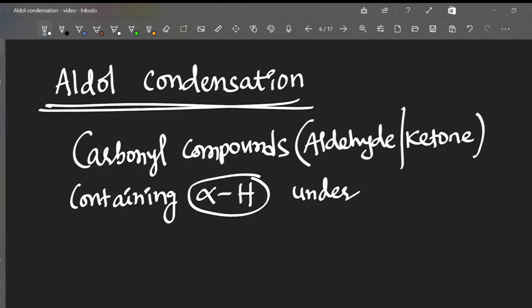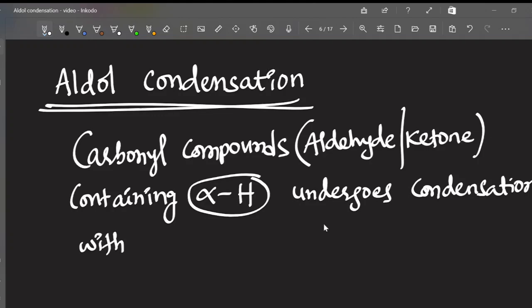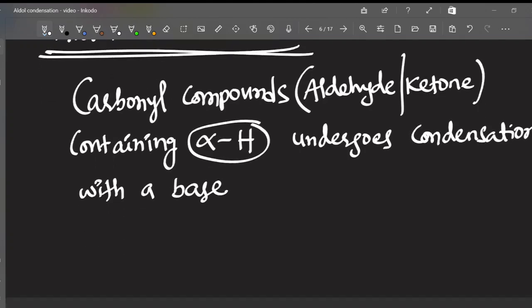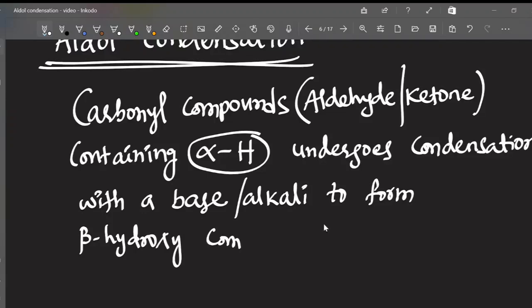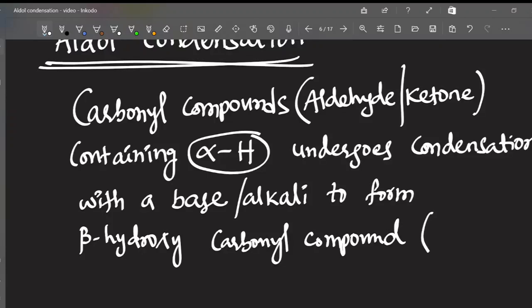It undergoes condensation with a base, or we call it an alkali also, to form a beta hydroxy carbonyl compound. That beta hydroxy carbonyl compound we call aldol.